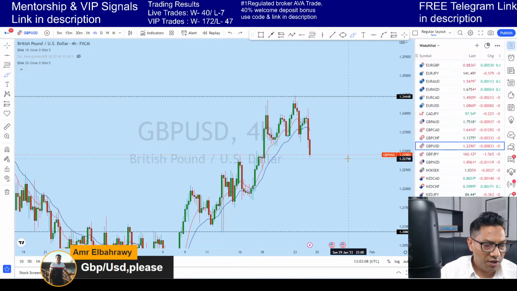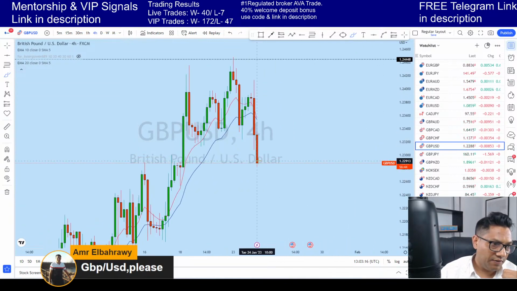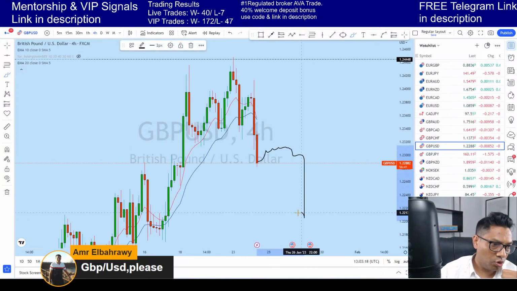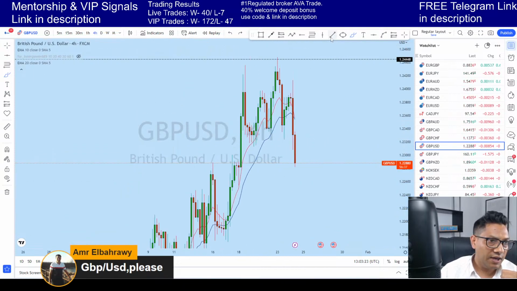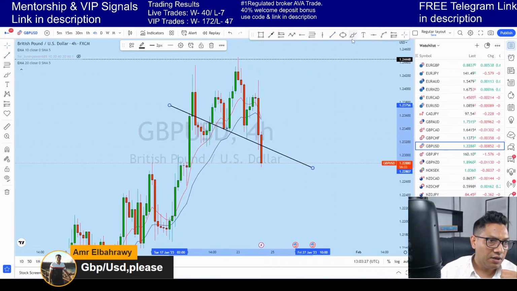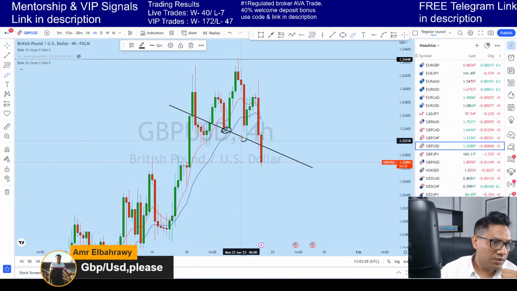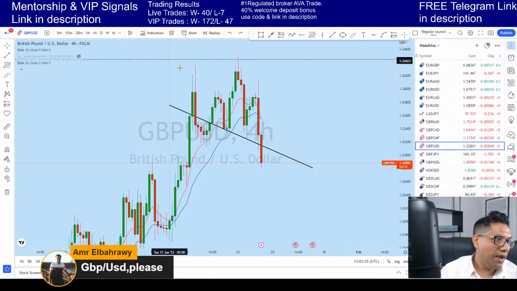So for me, as this market has now broken down, let's see if GBPUSD gives us a suitable entry opportunity. We will go short as the market has broken, and in that case we need to see the price testing this previous support here, which is turning resistance, and from here we might see GBPUSD coming back down.